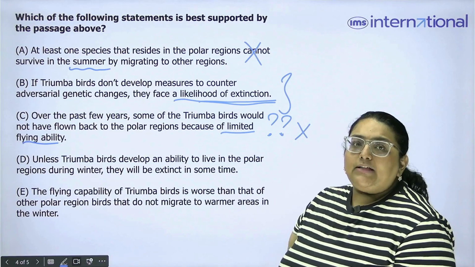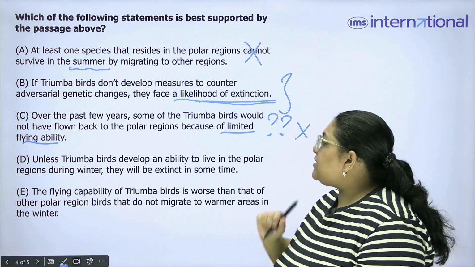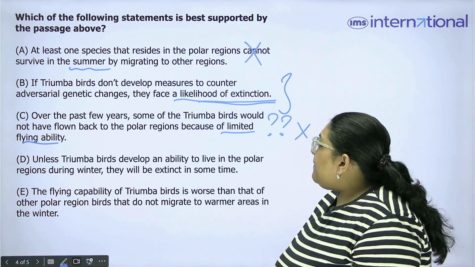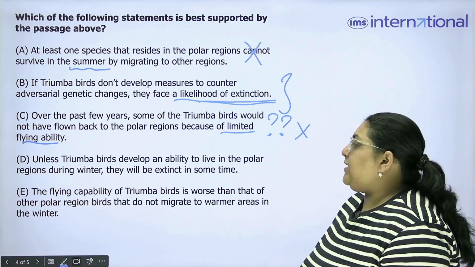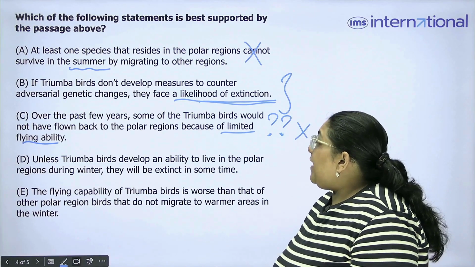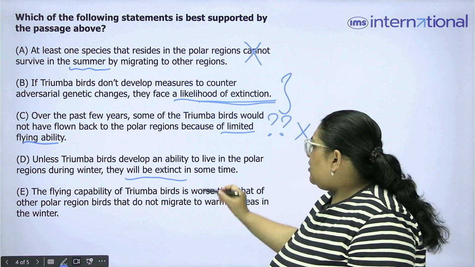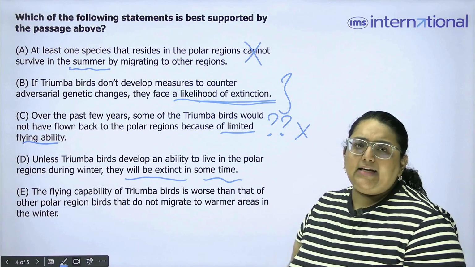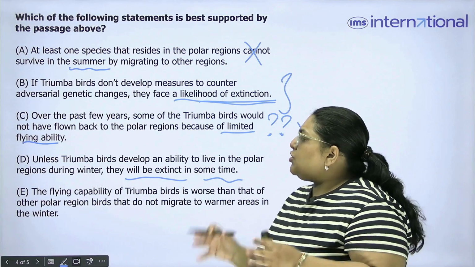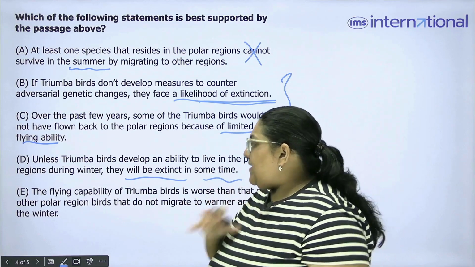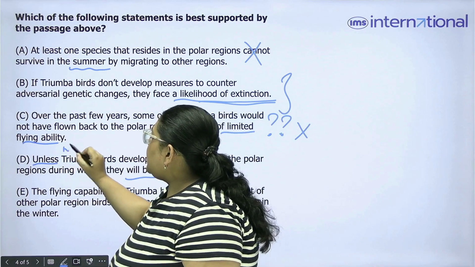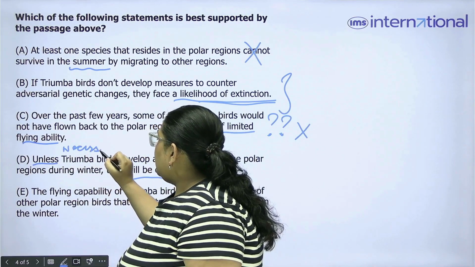Let's have a look at the next one then, D. Unless Triumba birds develop an ability to live in the polar regions during winter, they will be extinct in some time. Now, some time is a little bit vague. Also, unless means this is a necessary condition.